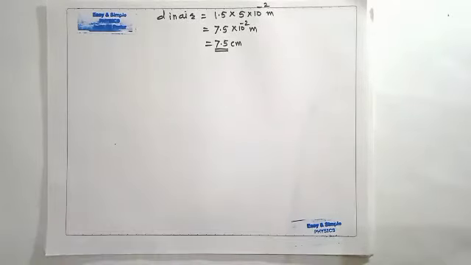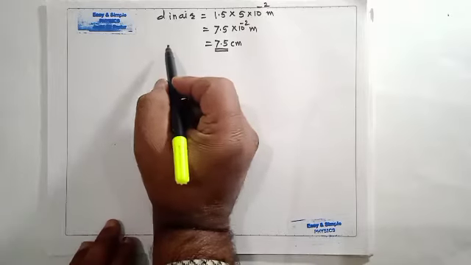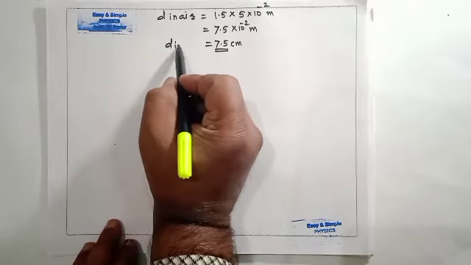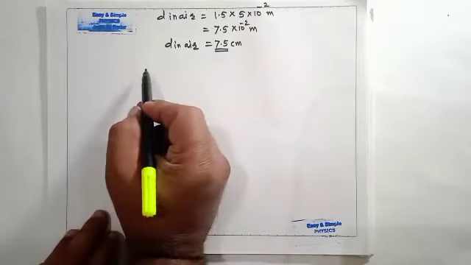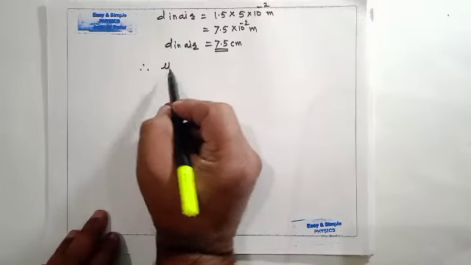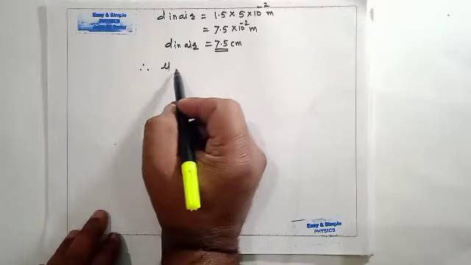That is the distance traveled by light from source to the surface of glass in air: 7.5 centimeter.